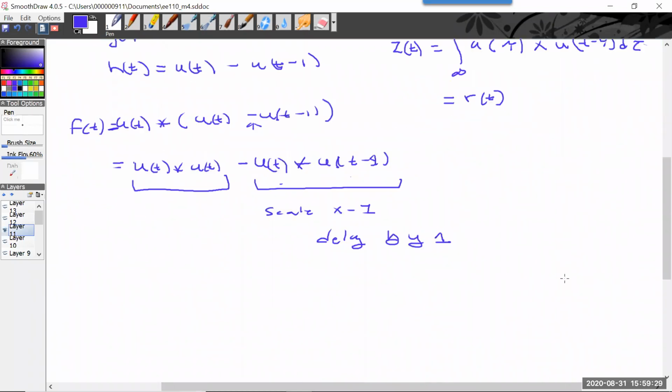So f of t is, here's our first one, and that's r(t). Now here's our second one. It's going to be some kind of r(t). We're going to scale it by minus 1, there's going to be a t in there, and now we sum the delays. 0 delay minus 1 is minus 1.